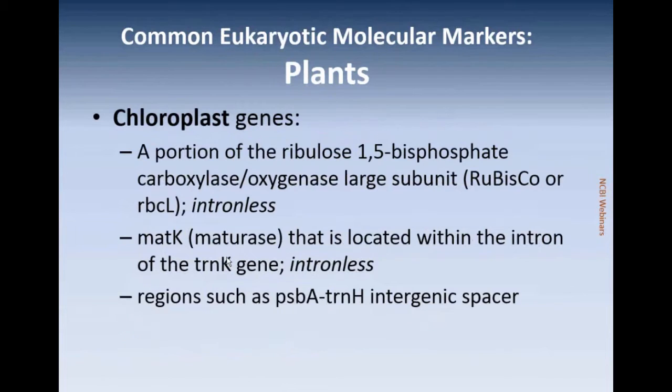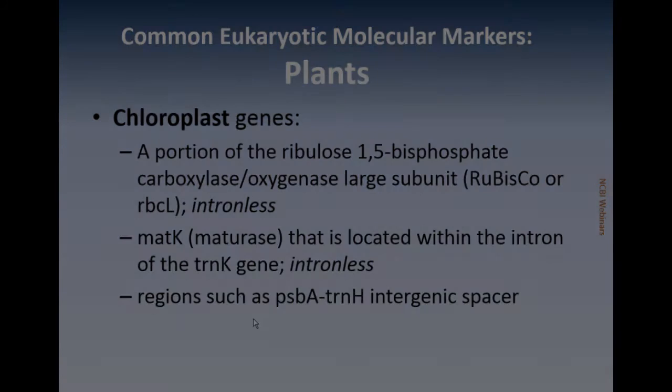For plants, it's really chloroplast genes that people commonly study, specifically the RBCL gene, which is an intronless gene. There's also a lot of people who study the MATK gene, and then there are regions such as the PSBA transfer RNA-H intergenic spacer region.